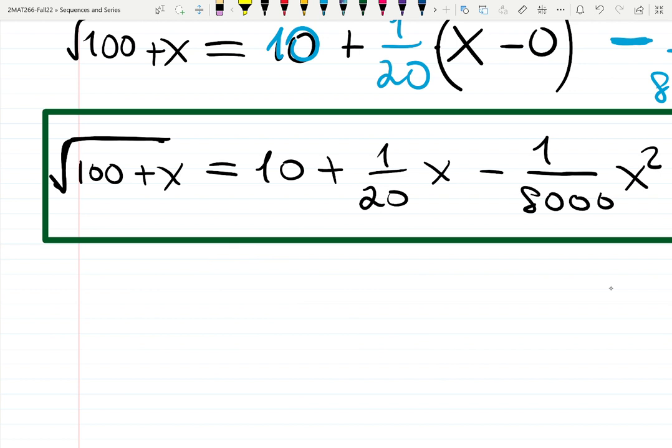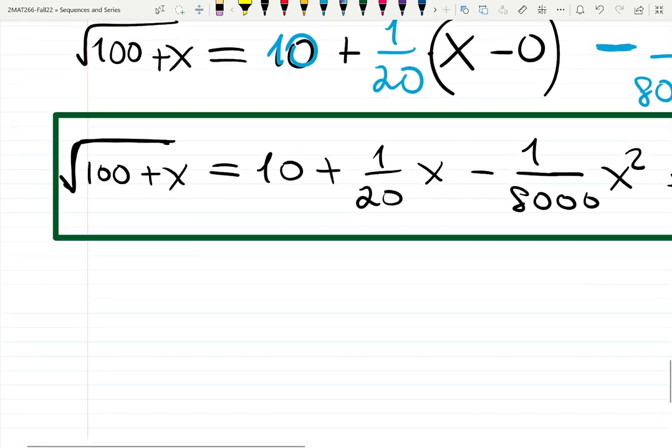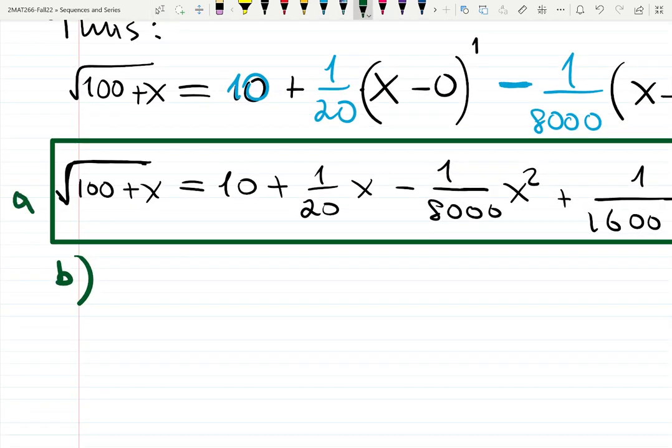And they tell us to use, so it's question B. So question A was to find the Taylor series. We did it. This is my Taylor approximation, the Taylor series at x equals 0. Boom, we did it. Very good.